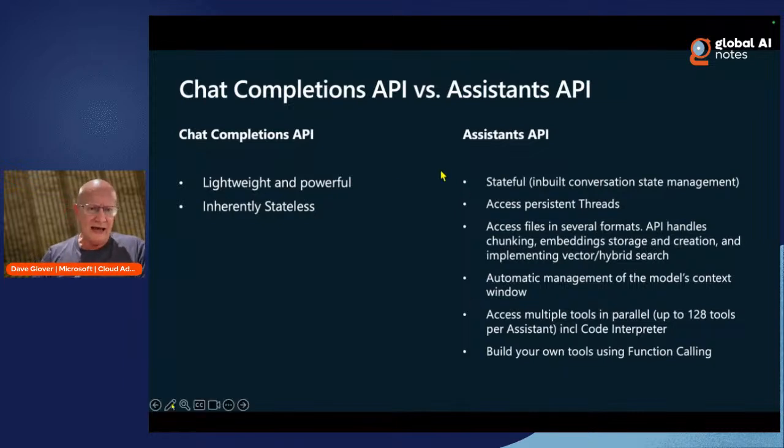Okay, so that's the chat completion API as you pretty much know it. So the Assistance API, I would say one of the biggest differences is that it's stateful. So you don't have to worry about maintaining state. There is a service on the back end that is maintaining the conversational state, maintaining the context for you on your behalf.